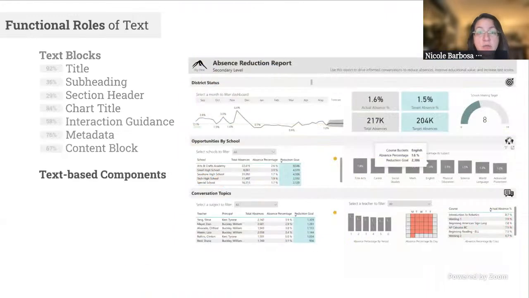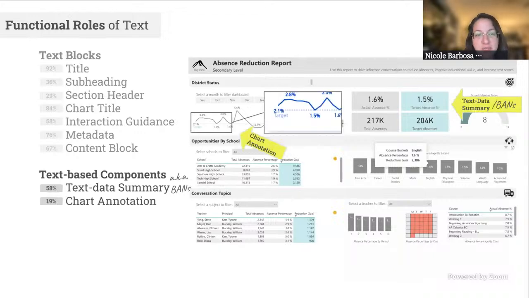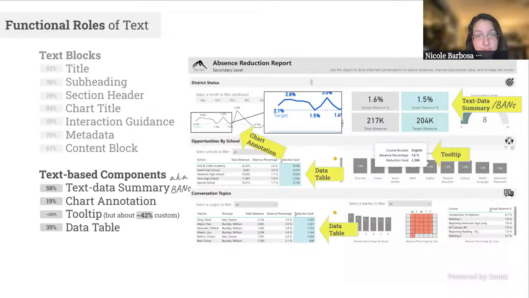We also found other dashboard components where text plays a prominent contextual role. This includes what we call text data summaries, also known as BANs, which is short for big-ass numbers, and should be self-explanatory. Text-based chart annotations, tooltips, which look like this by default, but are often customized to look more like a sentence, and data tables.